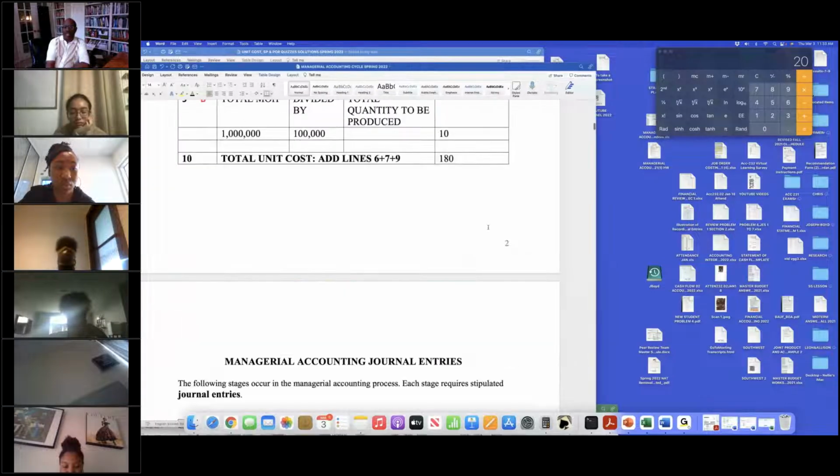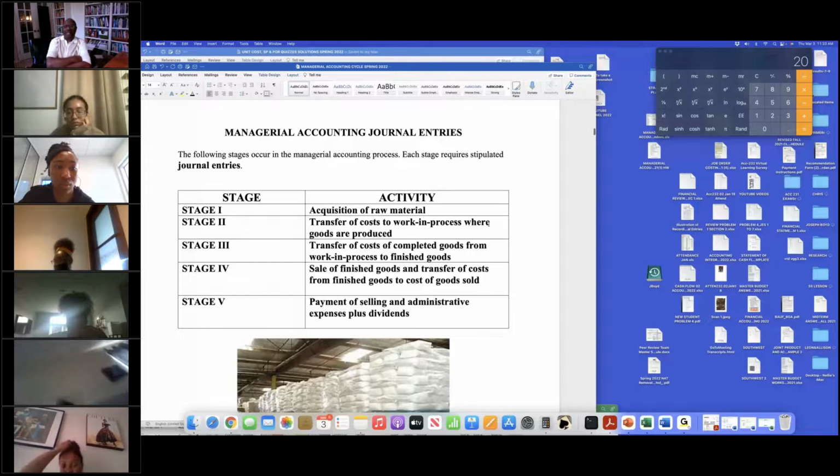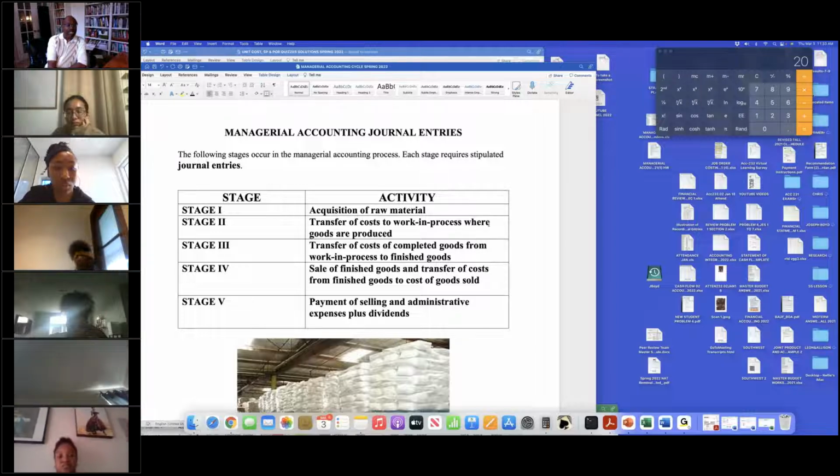We're on stage 2 now, making journal entries. We will review this again, PORs and everything else, at the start of the period on Tuesday. What I did with the journal entries was to put them in stages. Stage 1, you acquire the raw materials. Stage 2, you transfer the cost of the work in process where the goods are produced.